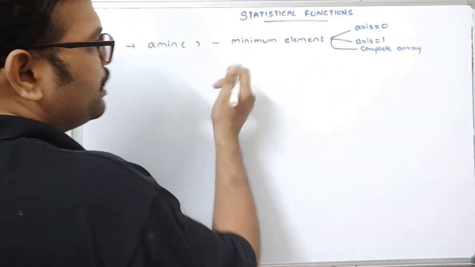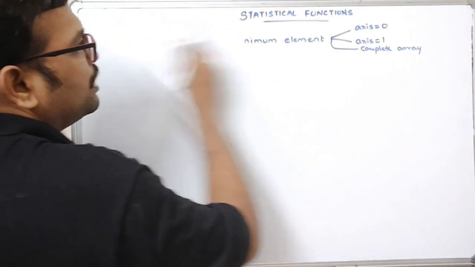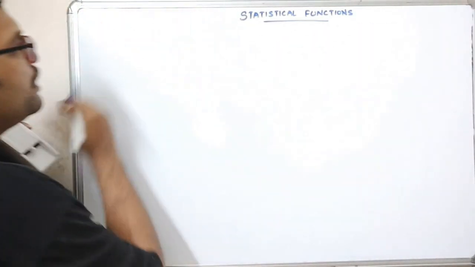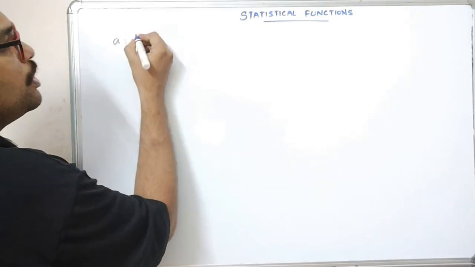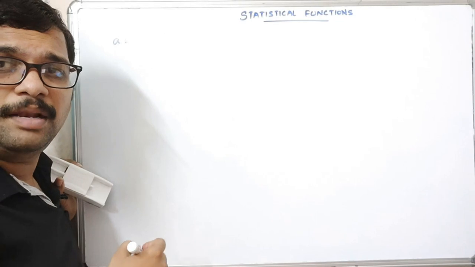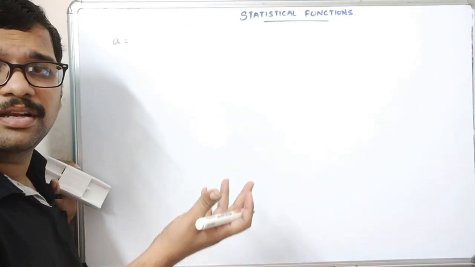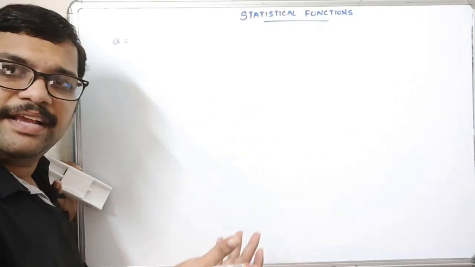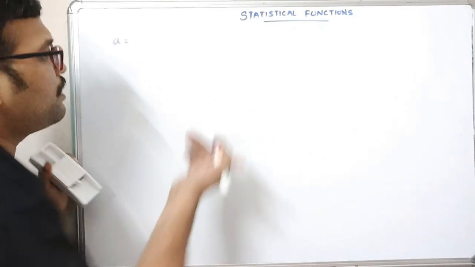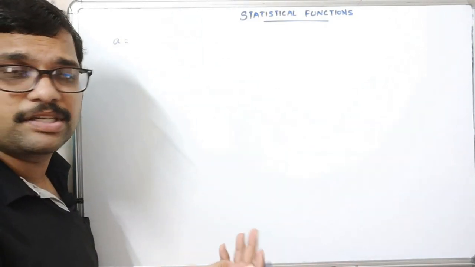So I will give you the array. I will close this one and take only one array. So a is equal to... we have to use the array function to read the elements, or we can also go with the different functions we have seen, like arange, linspace and all these things, right? We can initialize the array by using any one of the functions.